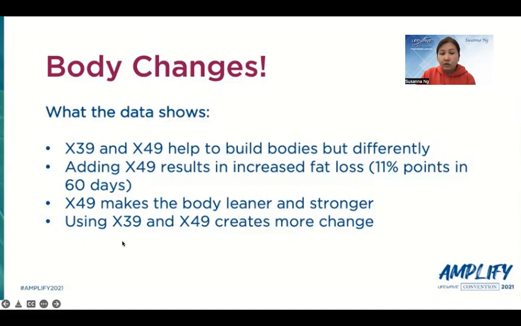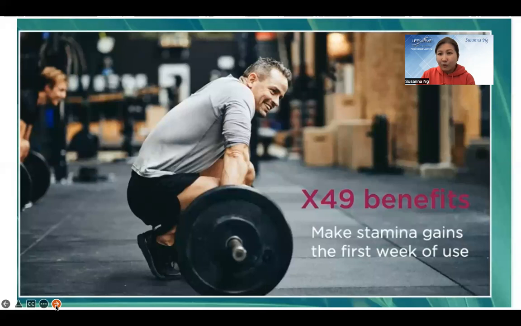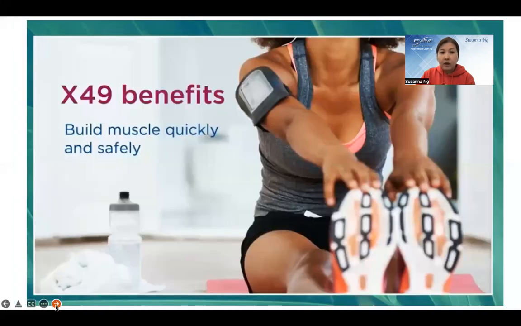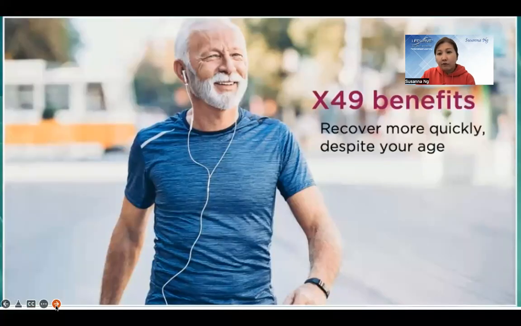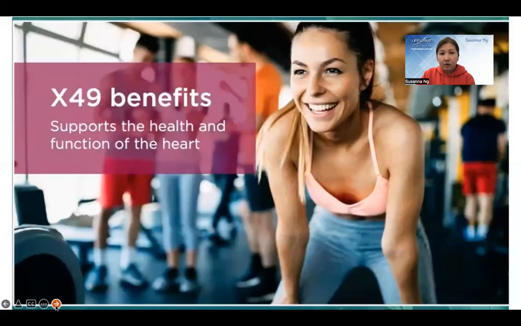And using X39 and X49 creates more change and more health effects. So X49 has a significant benefit. It can make similar gains in the first week of use, and also it builds more muscle quickly and safely, and recovers more quickly no matter what age you are.